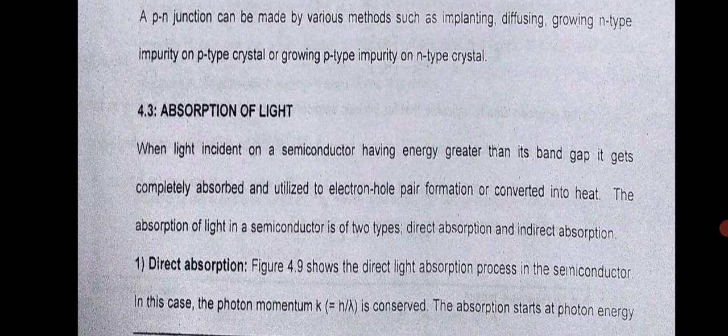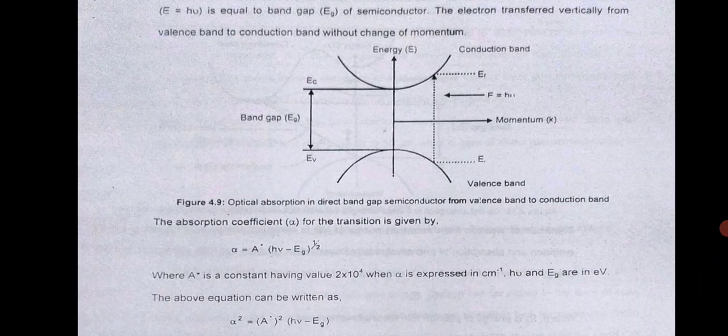If we see the figure, it shows optical absorption in a direct band gap semiconductor from the valence band to the conduction band. That is the direct light absorption process in the semiconductor. In this case, the photon momentum k equal to h by lambda is conserved.